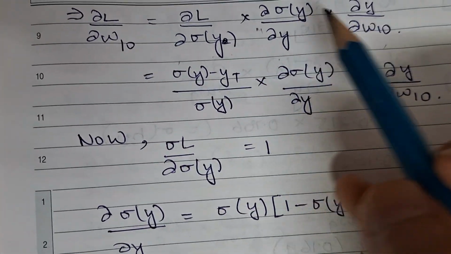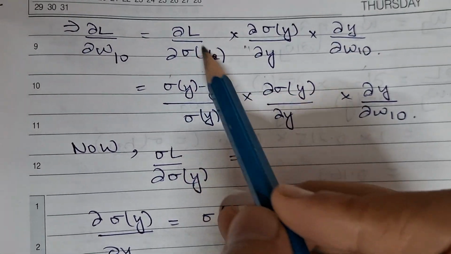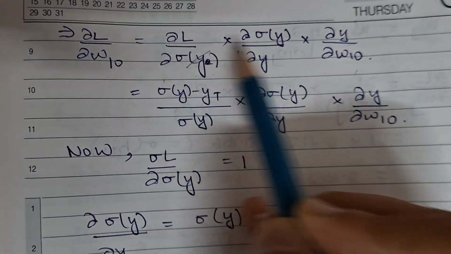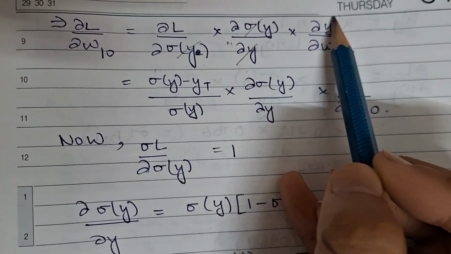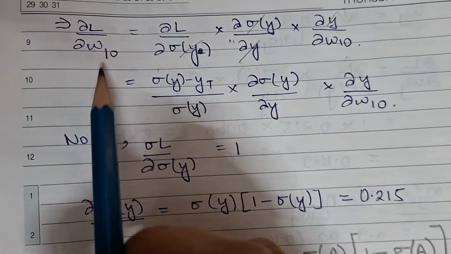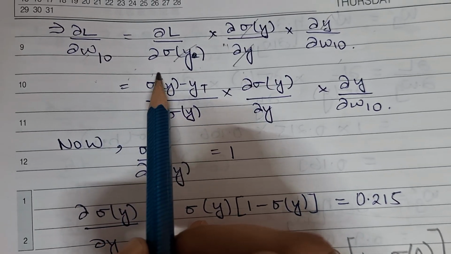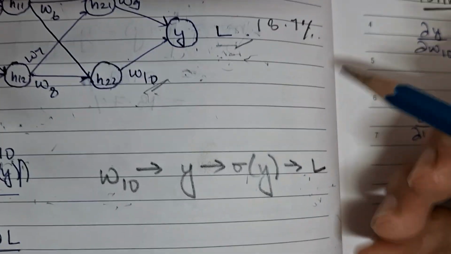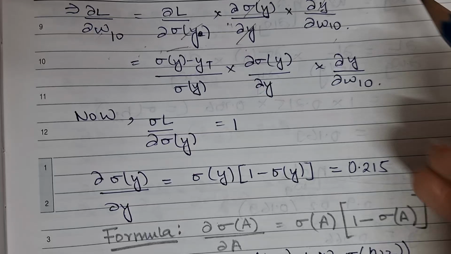If we cancel out these terms, we are left with nothing but del L by del omega 10. So using the chain rule and this flowchart, we can make our calculations easier.